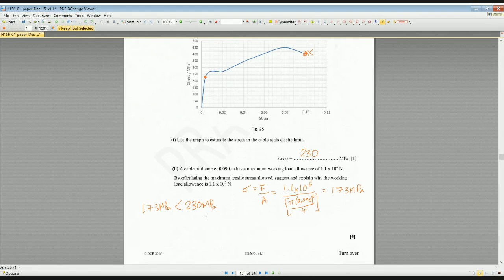That means that it's lower than the elastic limit, so the cable will not deform plastically.